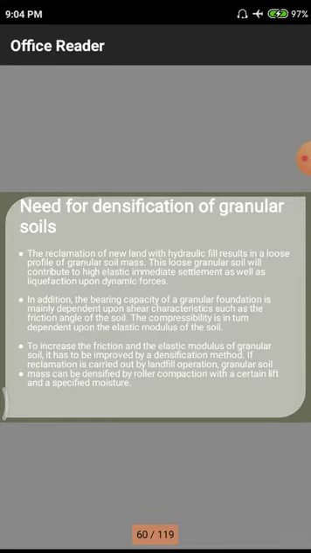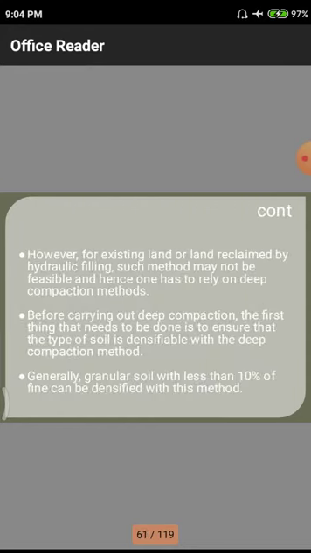Next, the need for densification: first of all we need to improve different properties, such as hydraulic filling, and we need to improve the bearing capacities of the soils. We need to improve the frictional properties of the soils, and compaction techniques are used in the soils. All those are different practices used to densify the particular granular soils.